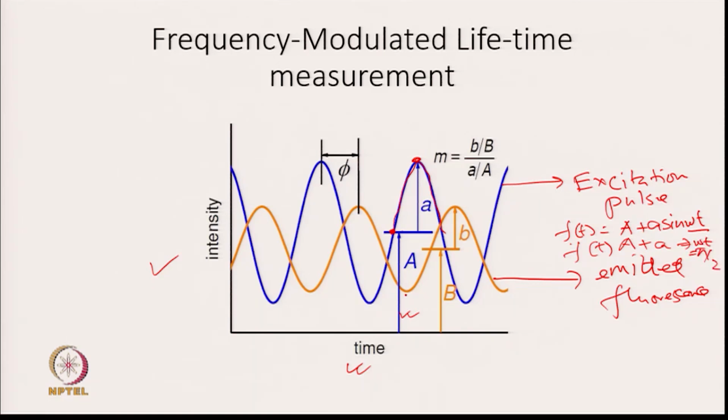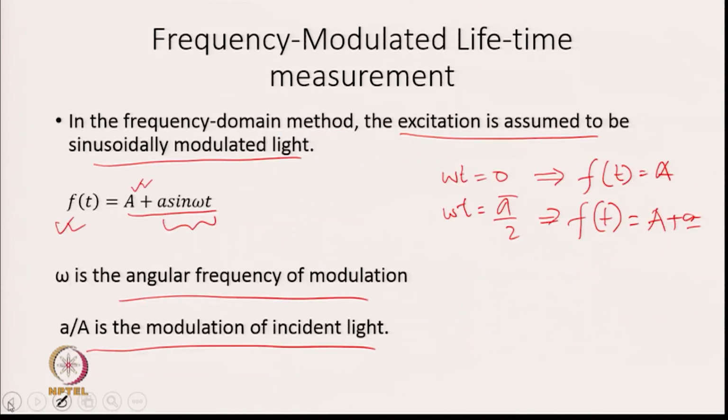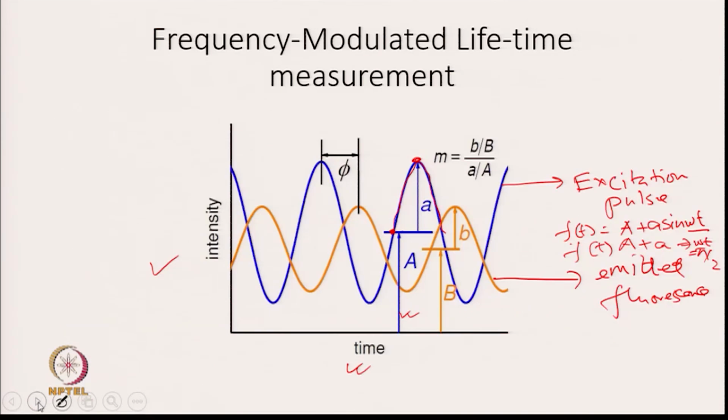The whole intensity is capital A plus small a. And the modulation, small a by A, is the modulation for this excitation pulse.